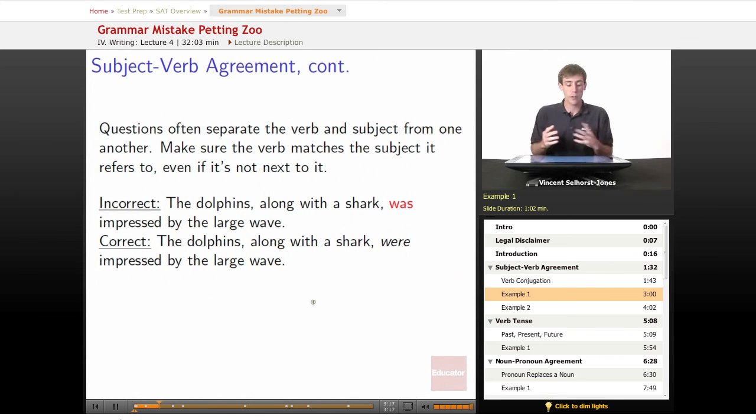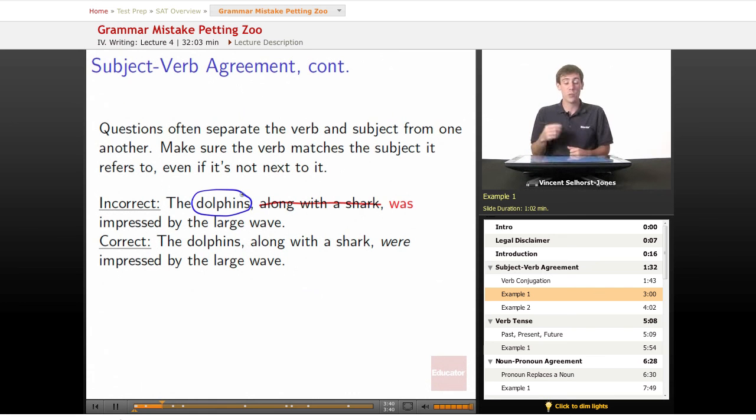So for example, our first one: the dolphins, along with a shark, was impressed by the large wave. Well, at first listen, that might not seem that bad because we've got shark was impressed. But the shark isn't the key point here. We actually want to think of the shark part as the middle clause that we're going to knock out. What we're really talking about is the dolphins.